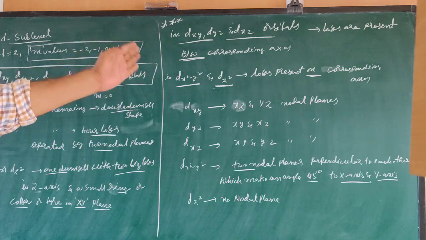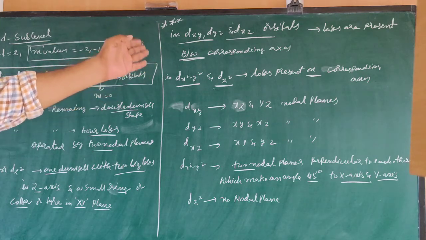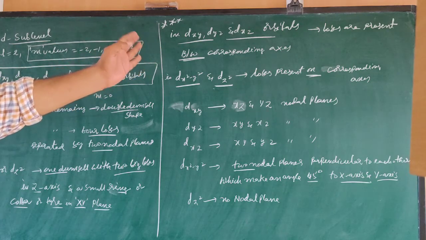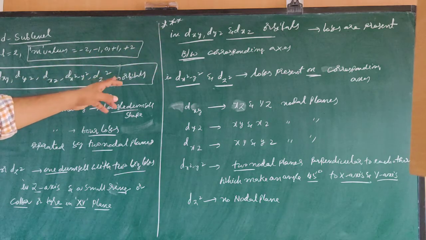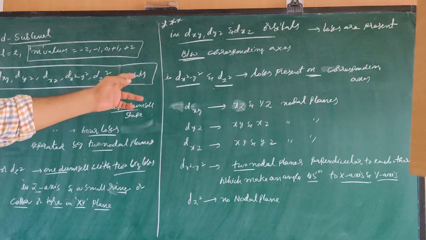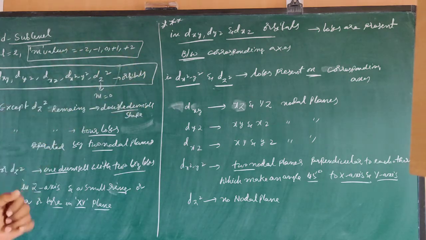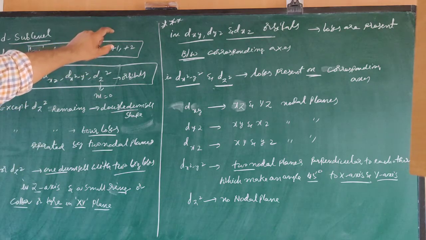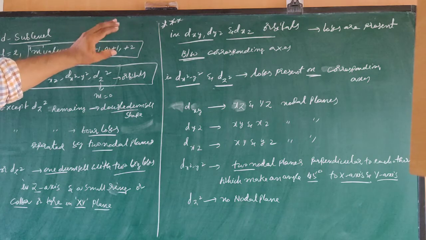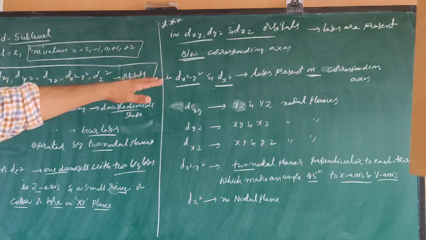For dyz, the lobes are present between the y and z axes. For the dxz orbital, lobes are present between the x and z axes. Next, for dx²-y² and dz², lobes are present on the corresponding axis. There are two different sets. In the first set, lobes are present between the axes. In the second set, lobes are present on the axis.